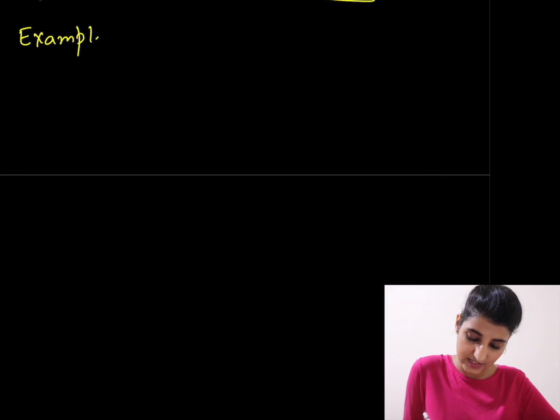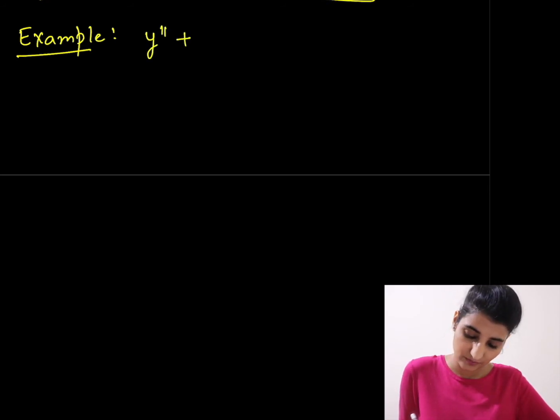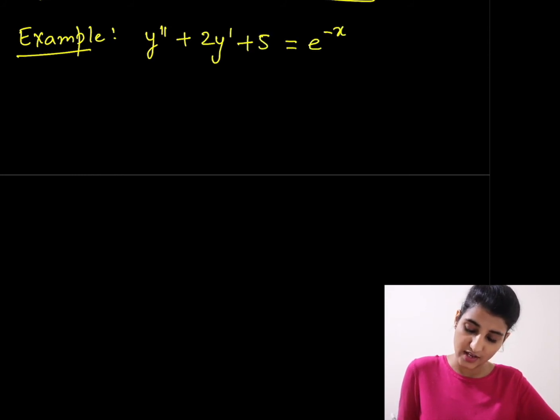Our next example, now we are going to write down the general form of yp only. y double prime plus 2y prime plus 5y equal to e power -x cosine 2x.